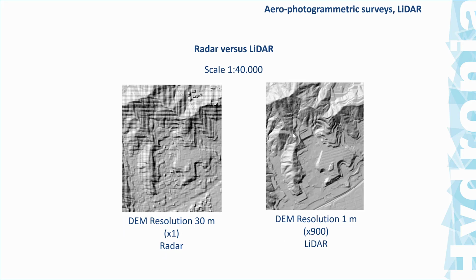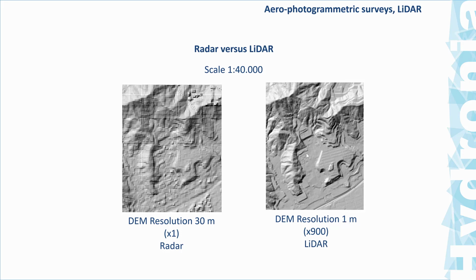Now, in terms of quality, just a comparison here, what you get from radar is not as accurate as what you get from a LiDAR. You can see here the difference. Nowadays, LiDARs can be sub 1 meter resolution.